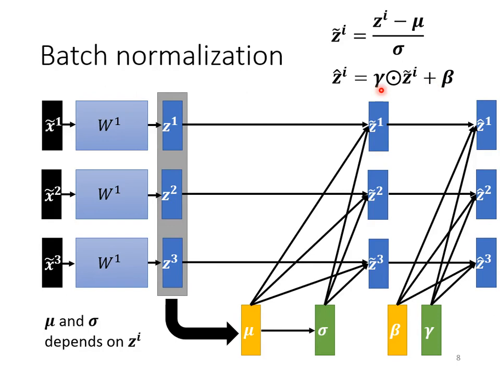So gamma is a vector that contains only 1, and beta is a 0 vector that contains only 0. So in the initial stage of the network training, the distribution of each dimension is relatively close. Maybe after training for a long enough time, we have found a better error surface or reached a better place. Then the training will slowly change gamma and beta. Okay, so adding batch normalization is often helpful for your training.